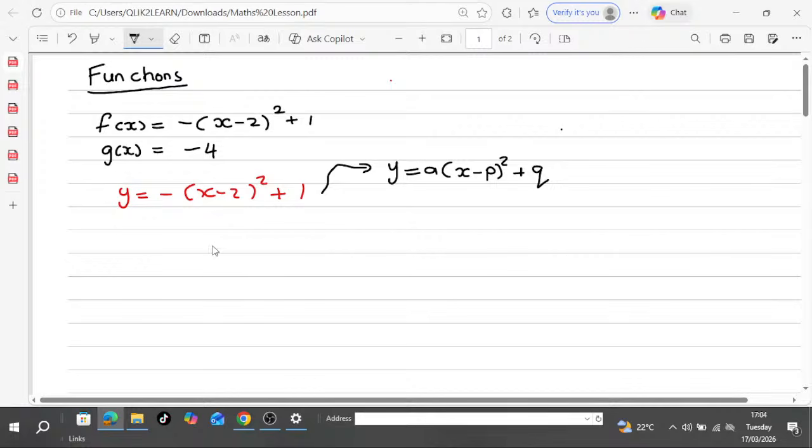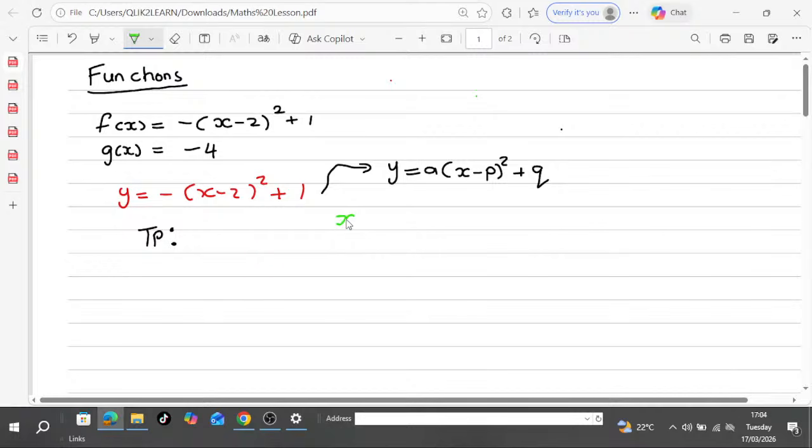First, you can just give me the turning point of this graph because it's easy for us to find. So my TP, the turning point. How do we find the x coordinate of the turning point? We take whatever we have inside the bracket, x minus 2, and equate it to 0.